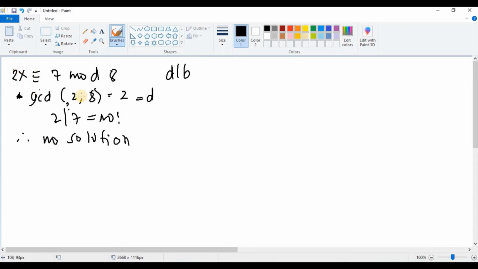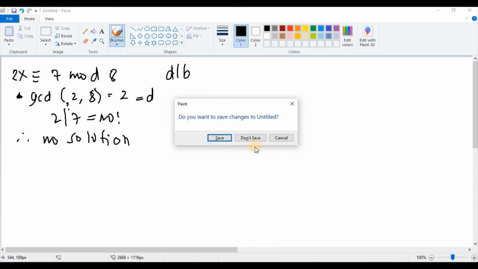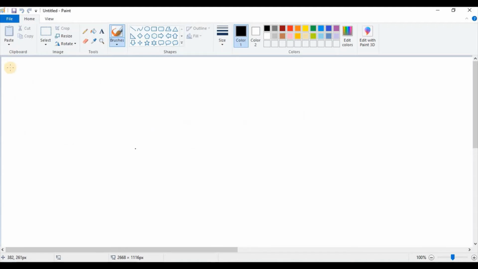So, the value here does not have any solution. Next. It's very crucial. You need to check the GCD first, and then check if the GCD divides B. Then, after that, find x sub 0.